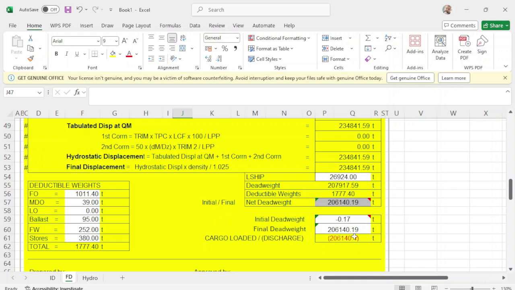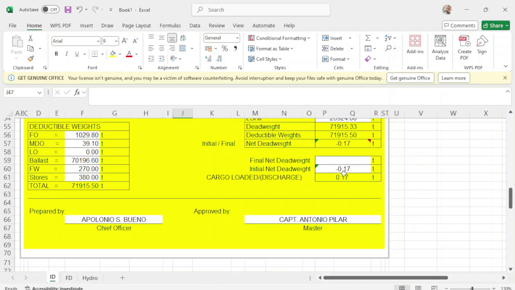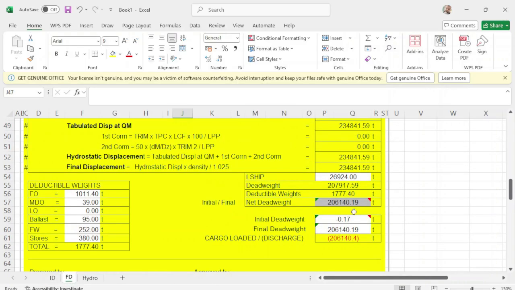Okay, minus 1.7, that should be 0.2, but here 0.4. So this is from your initial deadweight, which is this one, and your final, this will be your net deadweight. Put it here, final deadweight, and this will be your total cargo of 206,140.